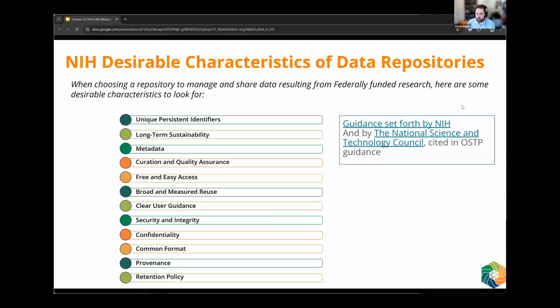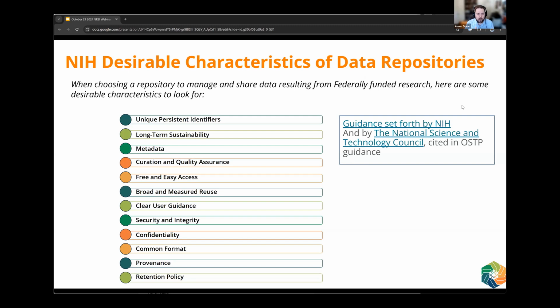And here's where we talk about what a generalist repository should do, and really what we in the NIH think any repository should have, what we call these desirable characteristics, right? When you as a researcher are ready to start making your data available, what is the bare minimum that a data repository should be doing so that you're in the right place?